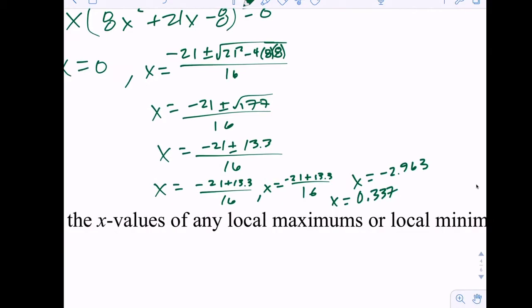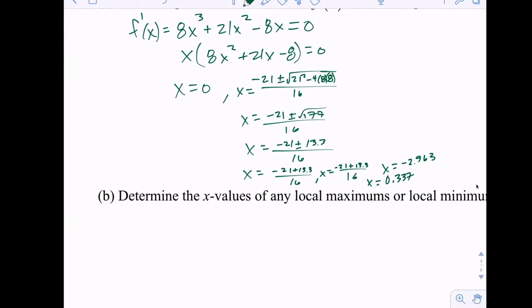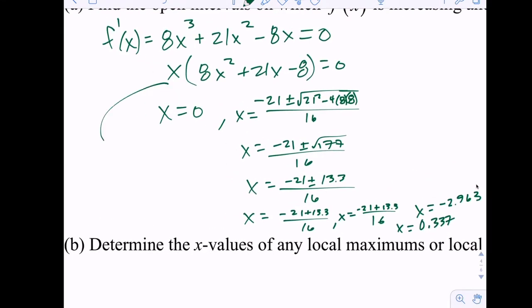Okay, cool. So, nice. Let's say that we were able to factor it. This would factor into x times x minus each of those roots. So x plus 2.963. This is what I intended. So we'll salvage it, and I'll reinvent the question. X minus 0.337.